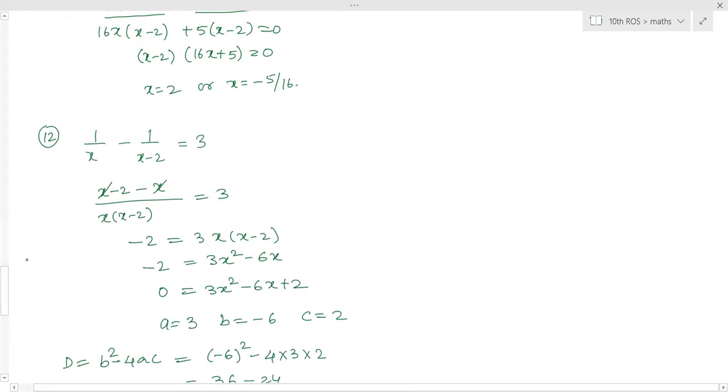Yes, ma'am, but I got different answers. I got 2 by 3 and 1. No, completely wrong. You have done it wrong. You have taken the middle terms maybe different. Middle terms are minus 3x minus 2x, ma'am. So the difference is this one, the sum is 6. Oh, is the sum 6? Oh no, ma'am.